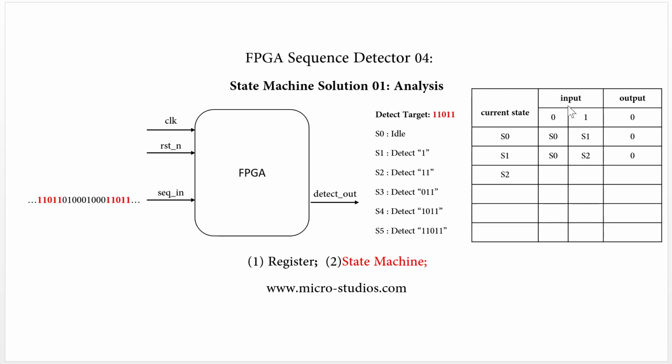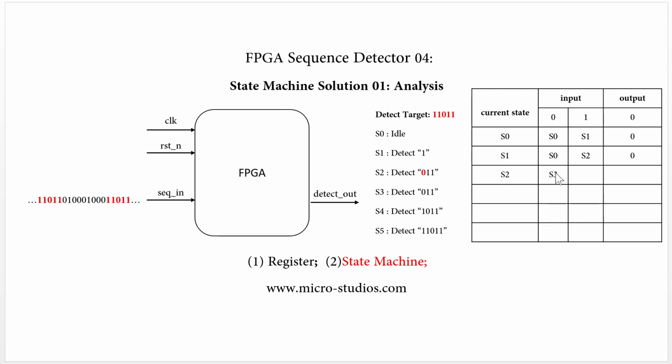When the input is 0, we will get 1, 1, 0, which means the next state will be S3.